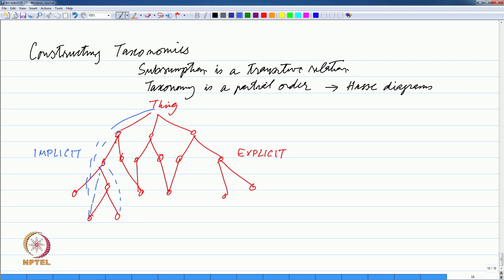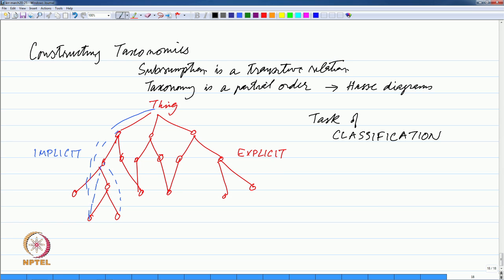Now, we look at a task which we call classification. The sense of classification is a little bit different from what you might use in pattern recognition.